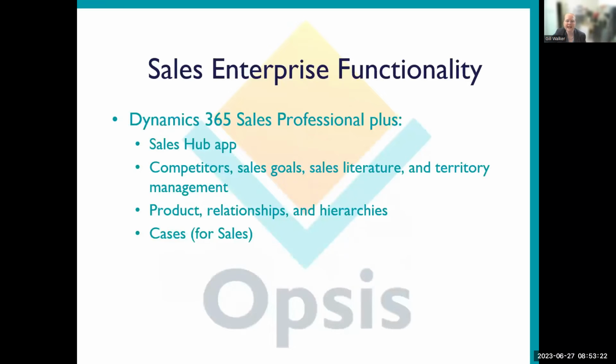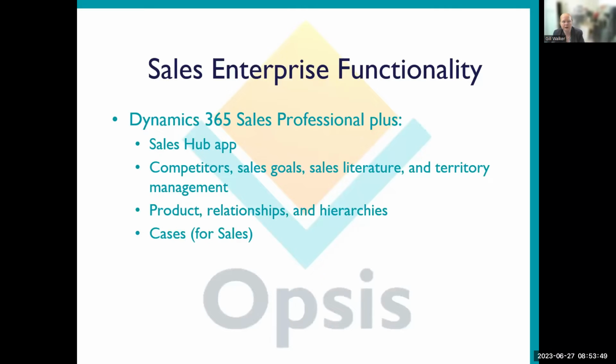So what we get with an enterprise license is everything that we get in sales professional. So that's pretty standard with these licenses, that as you move up, you still get everything that you got at the lower level, plus. So specifically, the things that you get: the Sales Hub app.